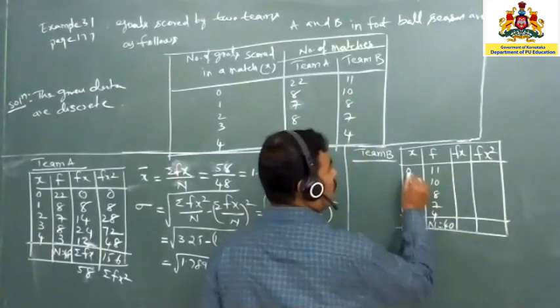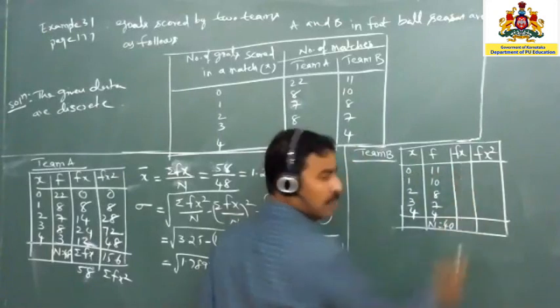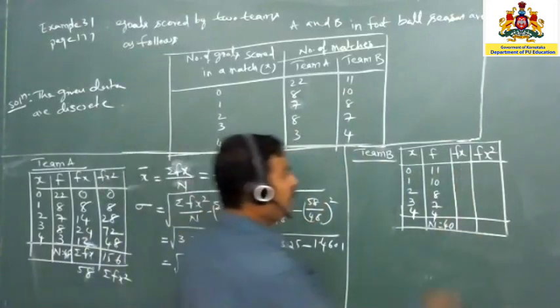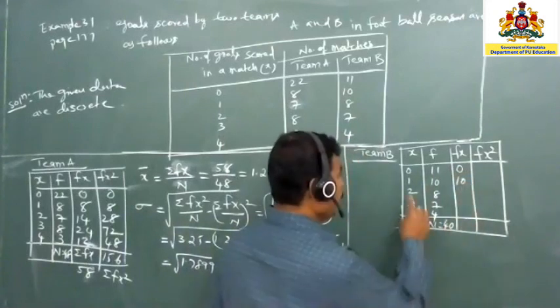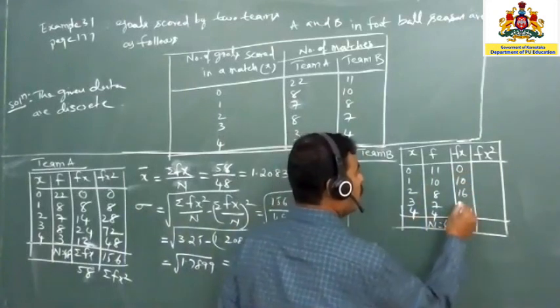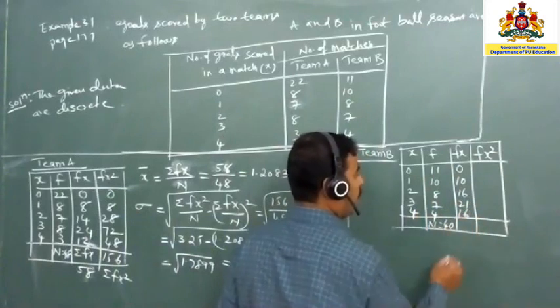Fx values: 0 into 11 is 0, 10, 16, 21, 16.